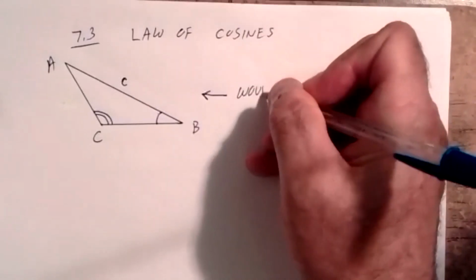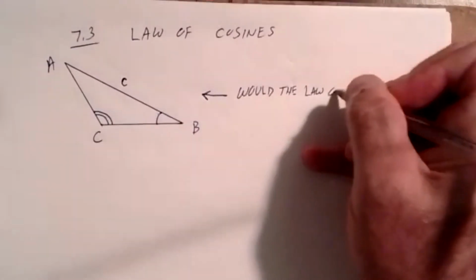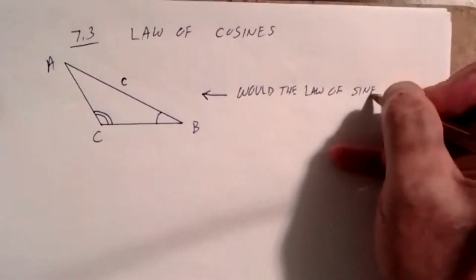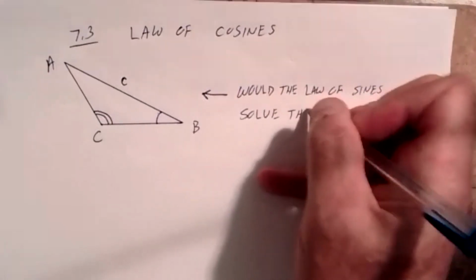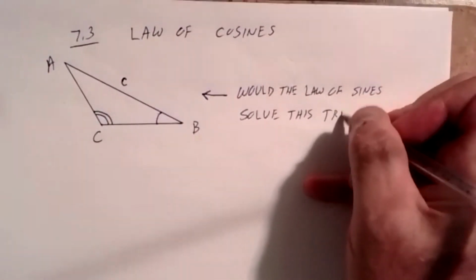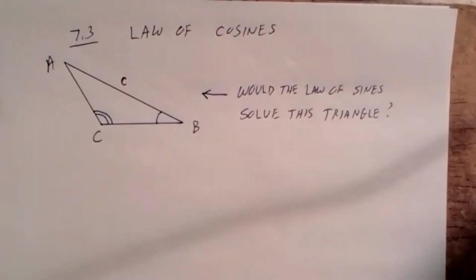So the question is, would the law of sines solve this triangle? To solve the triangle means to find all three angles and all three side lengths. Would that work there?